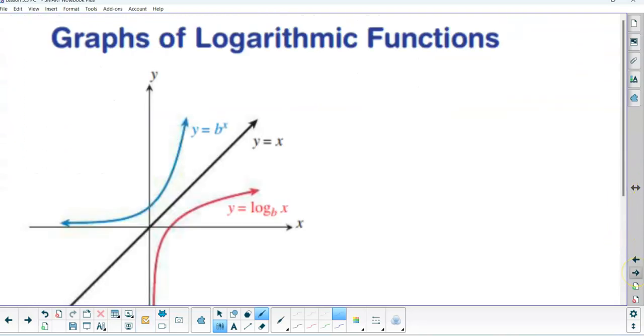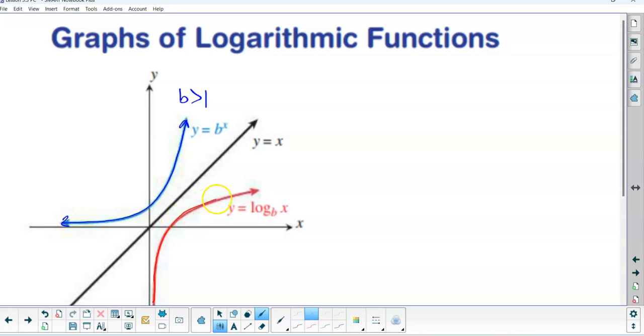Okay, let's talk now about the graphs of log functions. So what we're looking at right here is an exponential growth function. It goes up and to the right. And again, if it's exponential growth, we know that the base value has to be greater than 1. Well, the red graph is its inverse.